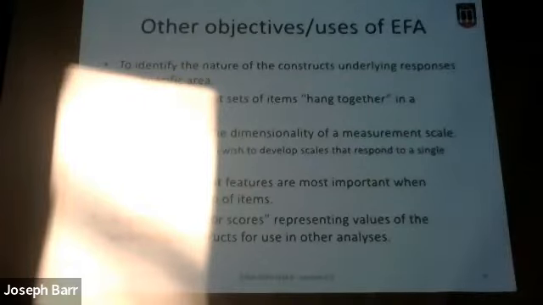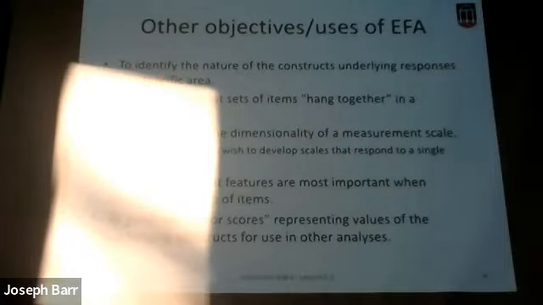What sets of items came together in a questionnaire? Of course, we're gonna group those correlated items together. And then to demonstrate the dimensionality of a measurement scale, because researchers often wish to develop scales that respond to single characteristics.